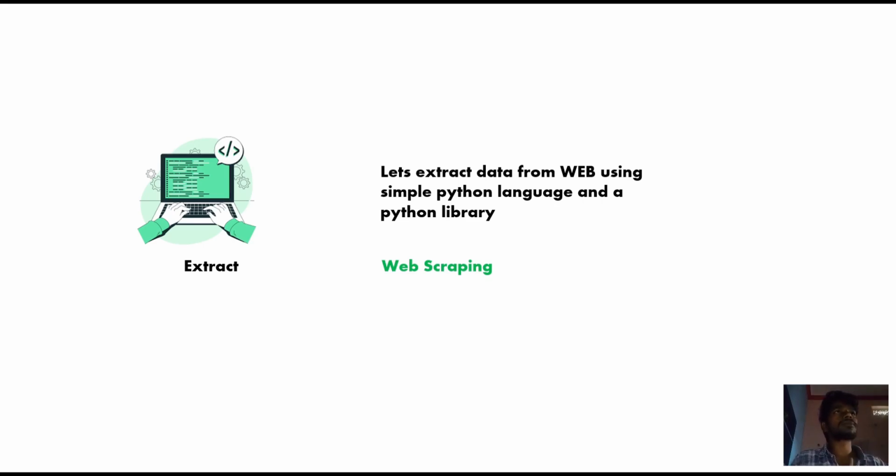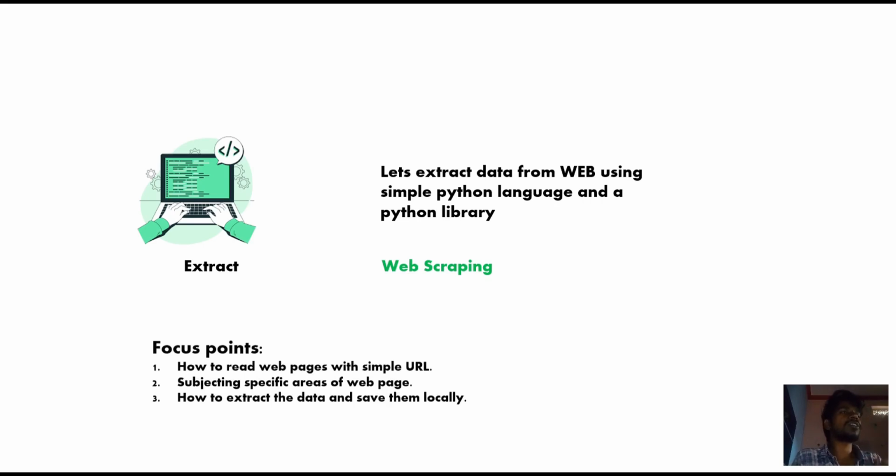Well, how can we extract data from there? We can talk at length about web scraping, but we are focusing mainly on three parts for our use case. First, how to read a web page using a URL. Basically every website or web page can be accessed by using just a simple URL.